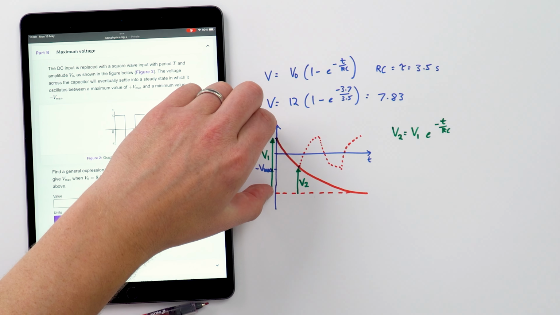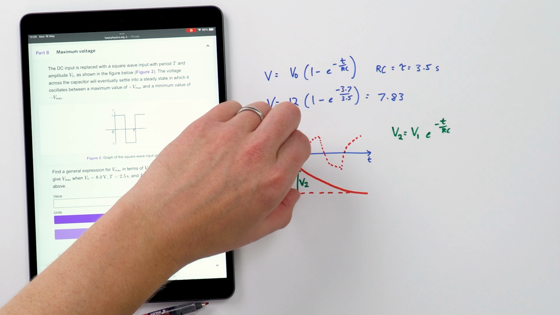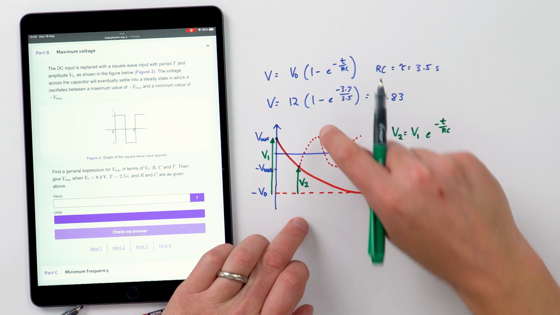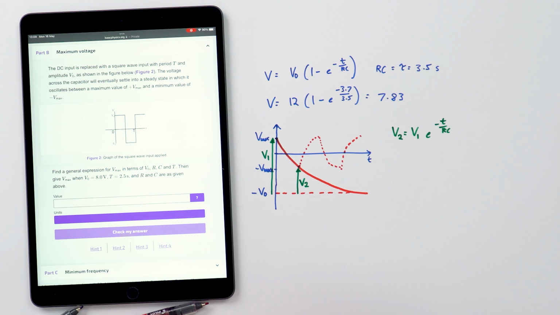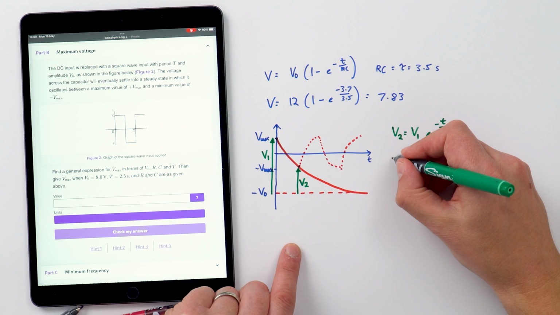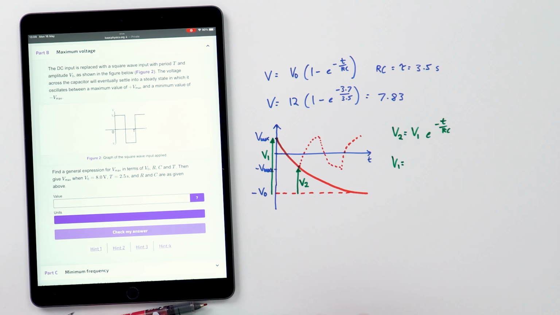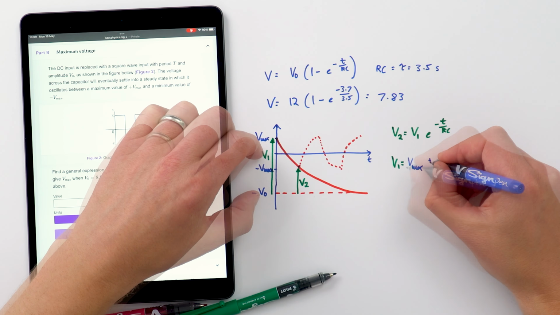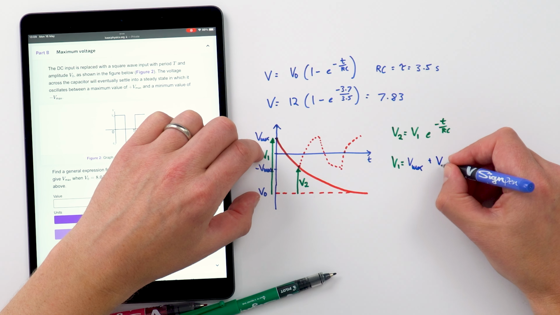Okay, so it was at V1, and it's going to only discharge down to V2, at which point it starts charging up again. Now, here we can look at this graph, and we say that V1 is actually going to be equal to Vmax plus V0.